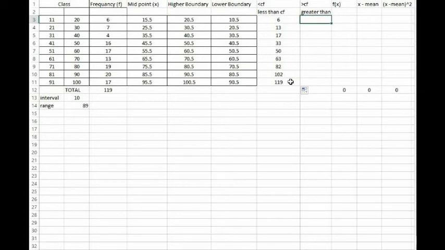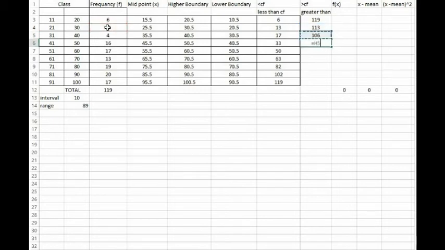Ngayon, pagdating naman sa greater than CF, so meron na tayo less than CF. Dito natin siya. Para sa greater than CF, kabaliktaran naman. May simula naman tayo sa 119. So, 119 minus the previous frequency equals yung current minus susunod equals current minus 4.